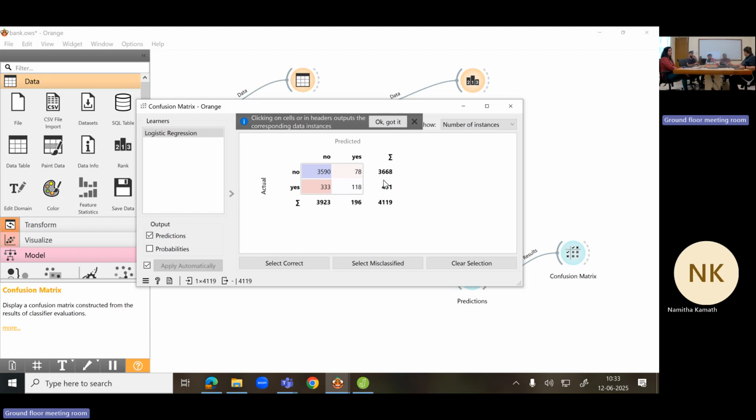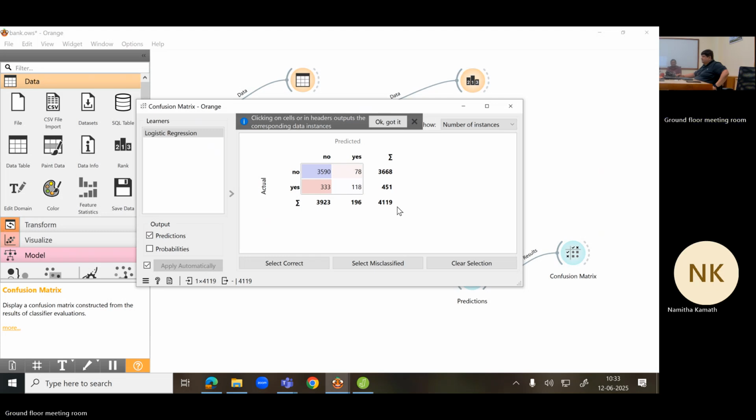Then in that case, what would be your accuracy about your prediction when you are not using any model? How can it be 0.5? Only in these cases you will be wrong. In 451 cases you will be wrong, because you have predicted them also as not taking it. That means you will be accurate 3668 divided by 4119.